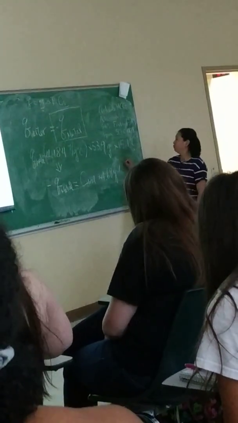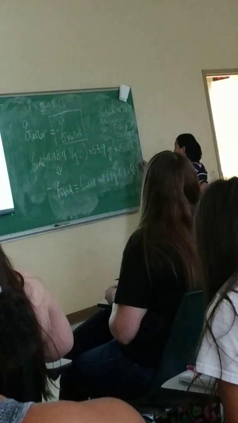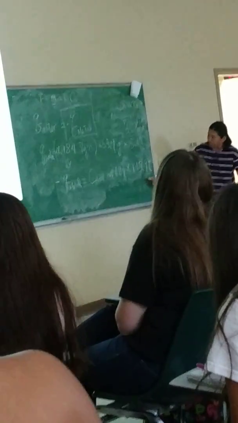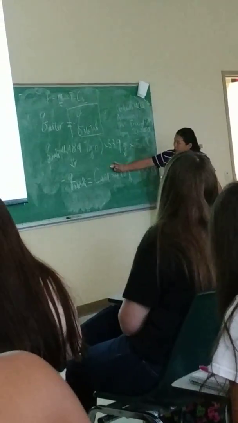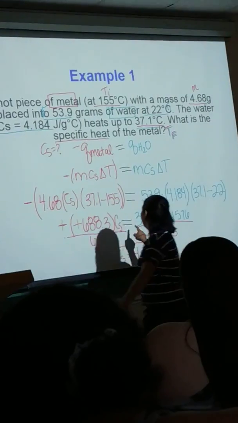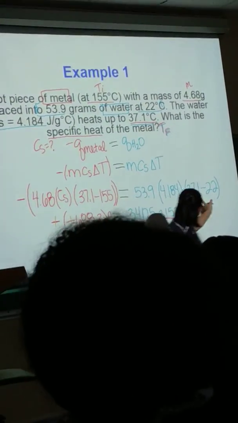So that is 117.9, right? Am I doing that right? Oh well, you can calculate. So those two should be equal, and you calculate this, right? So you calculate from here.